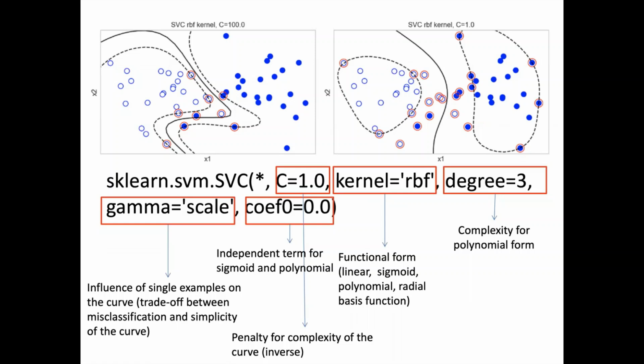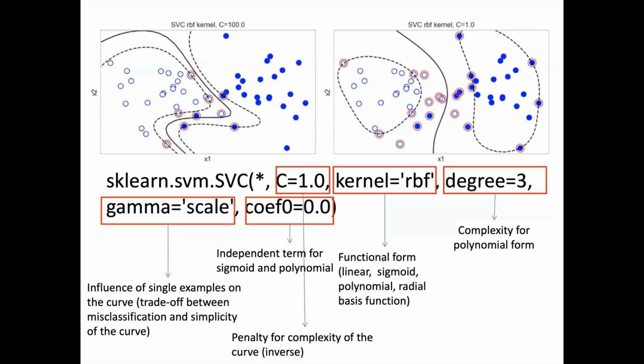In this case, you have a toy example, but the effect on real data can be even more important and quite different. For instance, in a support vector classifier, you have to decide about the C parameter, which actually is a penalty for the complexity of a curve.